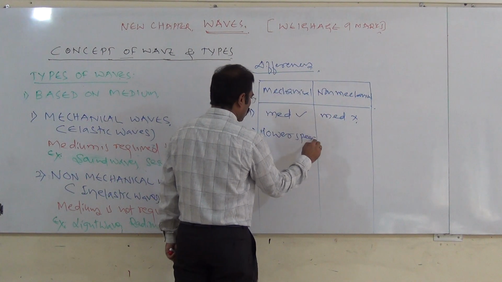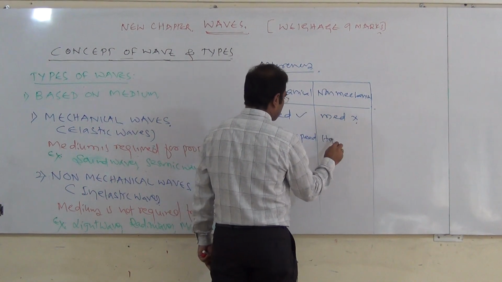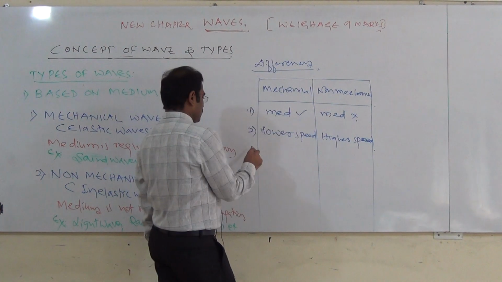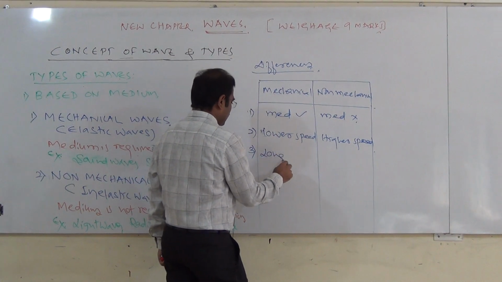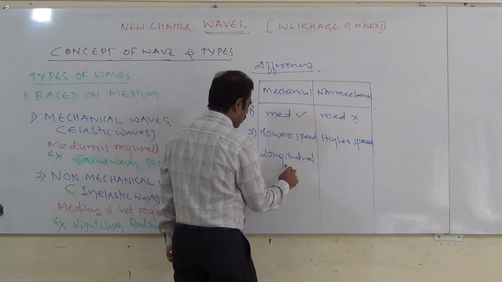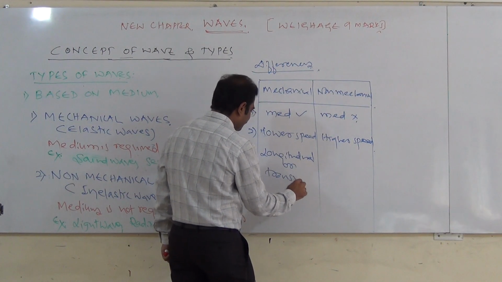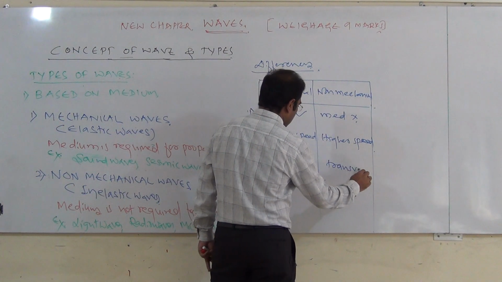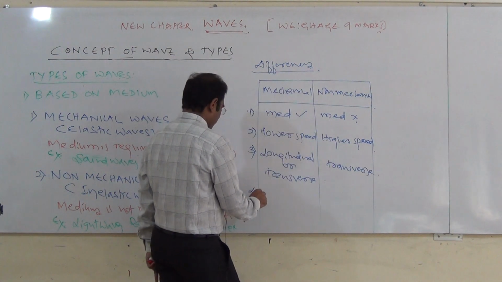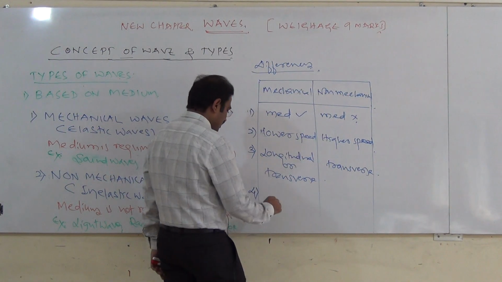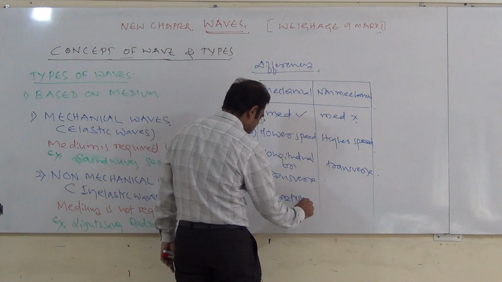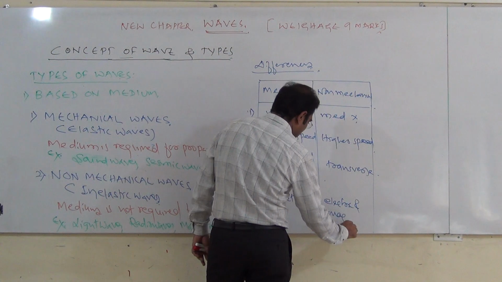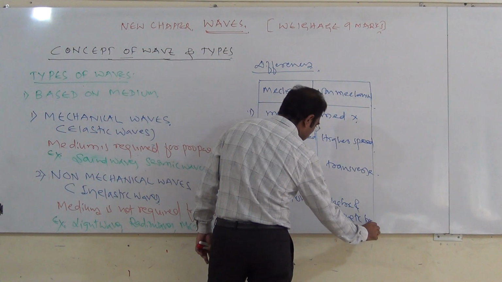Here they move with the higher speed. Third one is they may be longitudinal or transverse. Here they are always transverse. Fourth one, here vibrations are present. Here electric and magnetic fields are present. So these are the four differences.